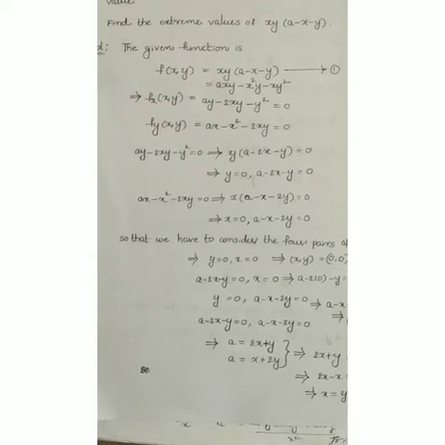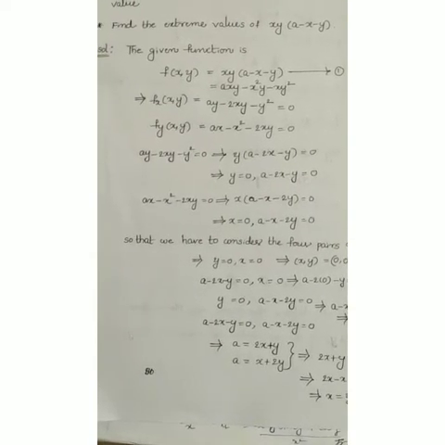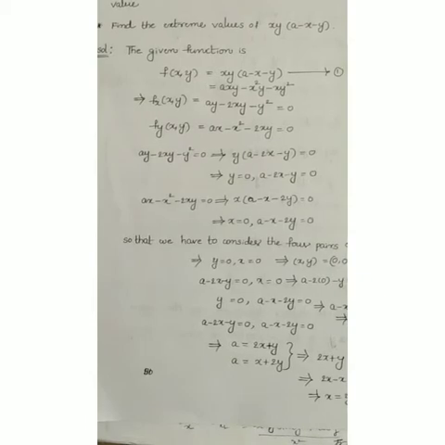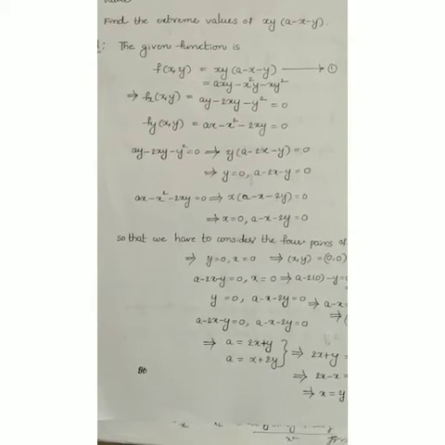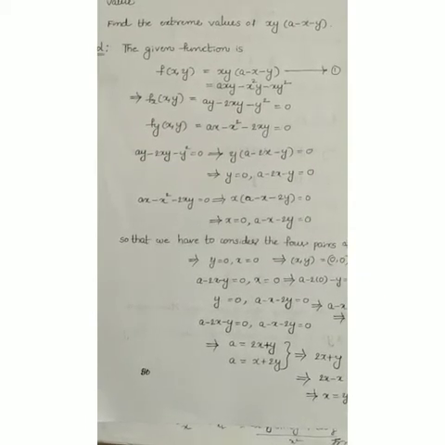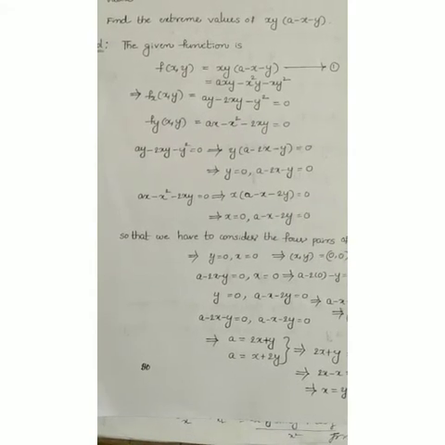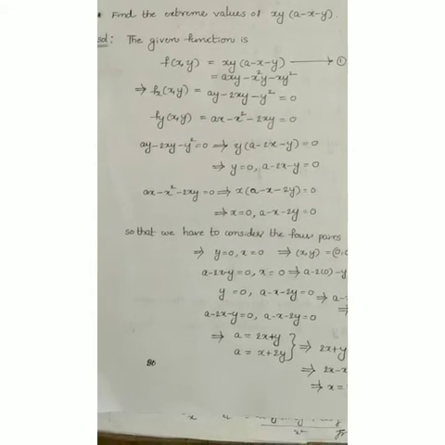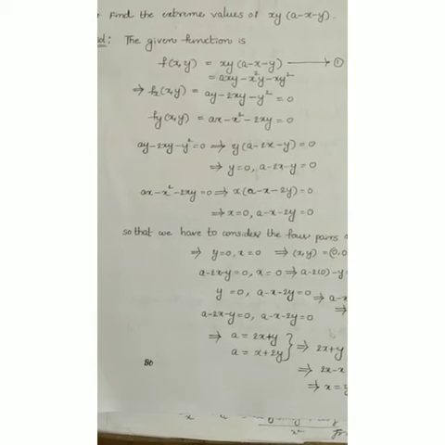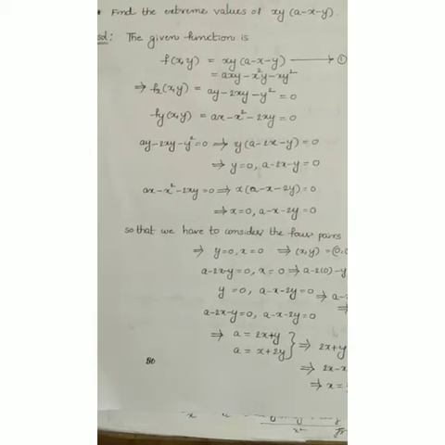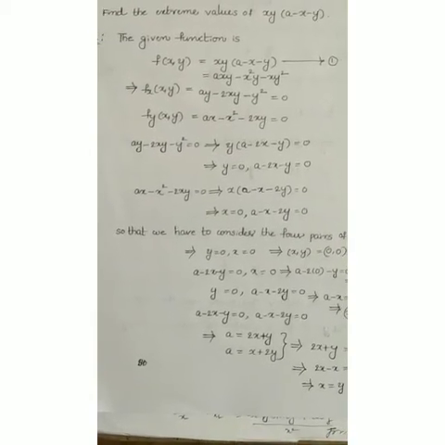Then we have to find out the first order partial derivatives of this function, that is fx of x comma y. So here we are differentiating with respect to x. So a into y, x square differentiation minus 2xy, differentiation of x is 1 minus y square. So that is ay minus 2xy minus y square.